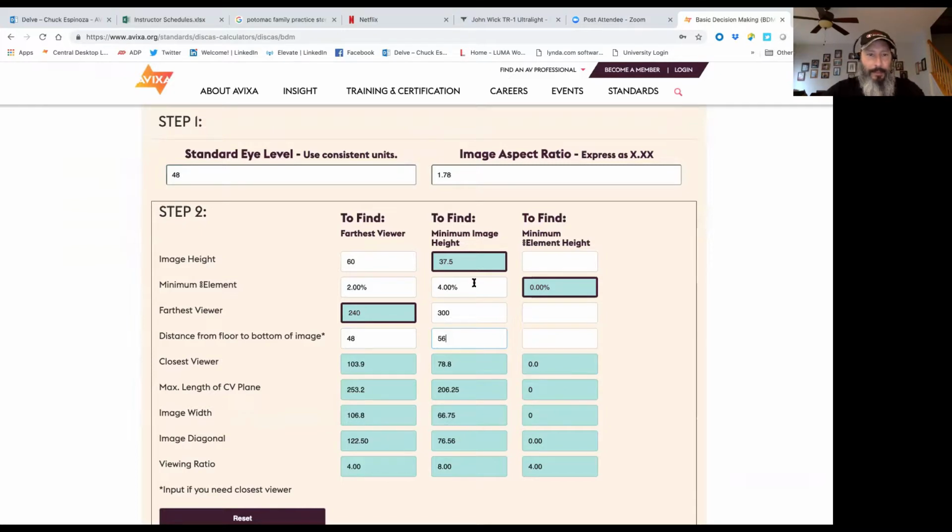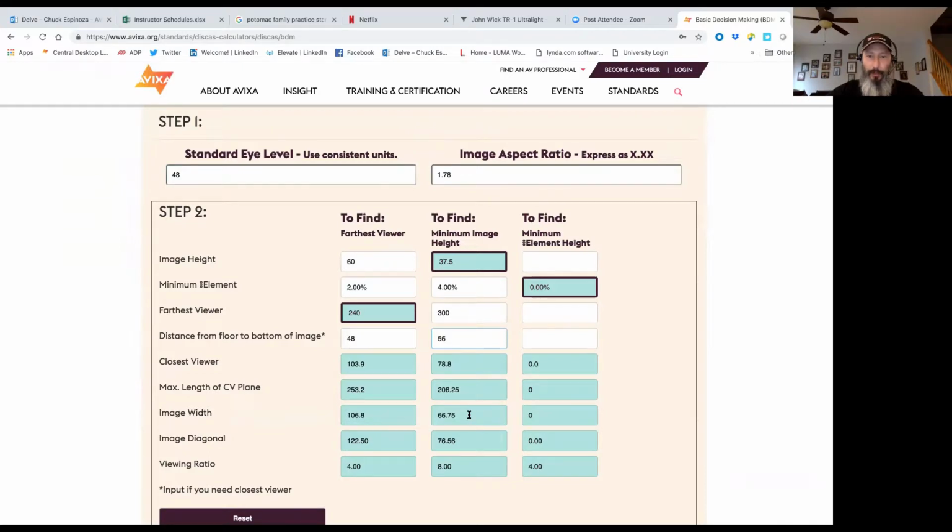So then it says your image height needs to be a minimum of 37.5 inches to see at 25 feet with 56 inches to the bottom of the image. Your closest viewer can be at 78 feet. Okay. Your max CV plane is 206.